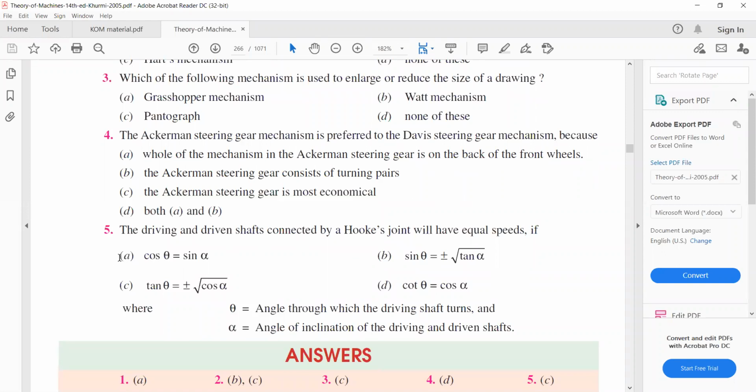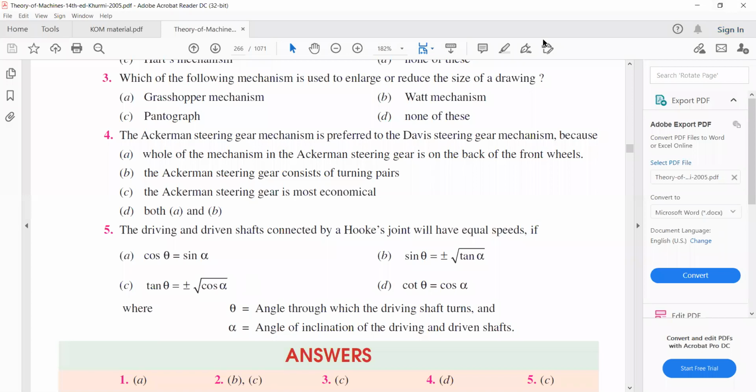Then the options are: cos theta equals sin alpha; sin theta equals plus or minus tan alpha; tan theta equals plus or minus square root of cos alpha; and cot theta equals cos alpha. So guess the answer. So that is tan theta equals square root of cos alpha.